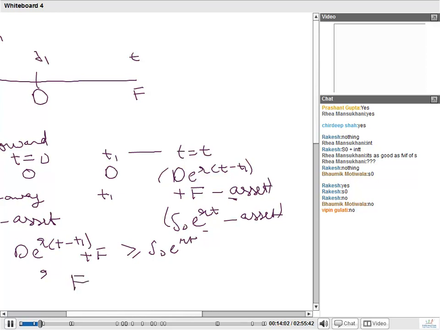So what should F be greater than or equal to? It should be greater than or equal to S0 e raised to the power RT minus D e raised to the power R(T minus T1).